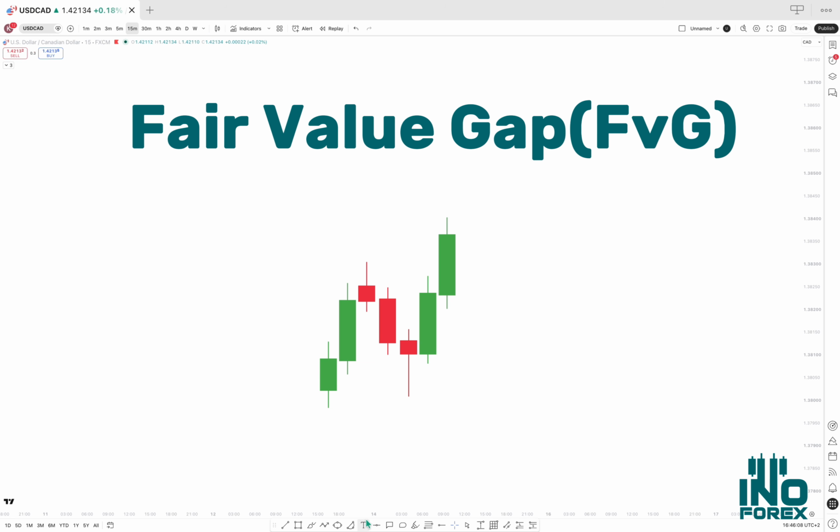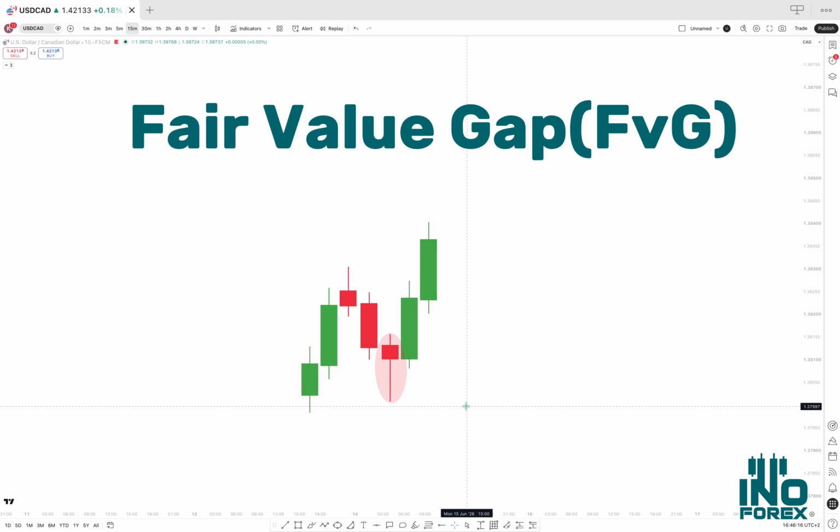So first we're going to select our order block. So this is order block. So to see if this order block has a fair value gap, you select a high of this candlestick and the low of the third candlestick. So we're going to select a high of the first candlestick and the low of the third candlestick.